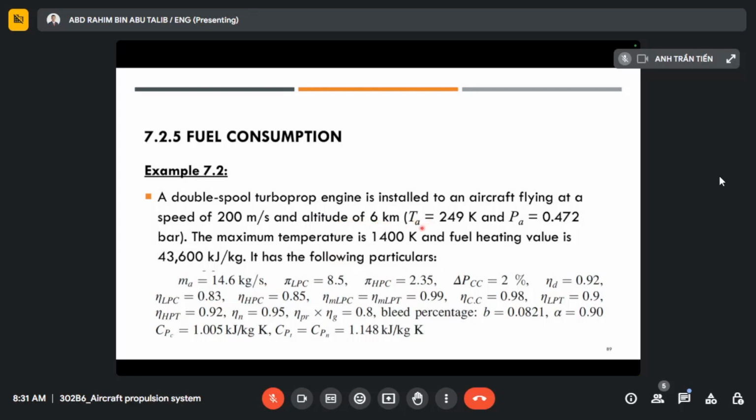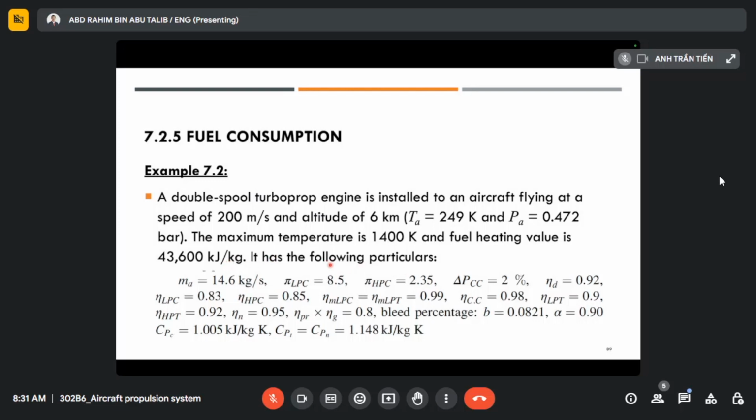The ambient temperature is 249 and the ambient pressure is 0.472 bar. The maximum turbine inlet temperature is set at 1,400 degrees Kelvin, and the fuel heating value Q HV is equal to 43,600 kilojoule per kilogram.